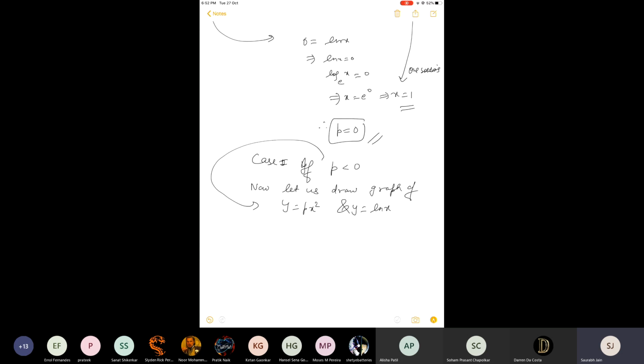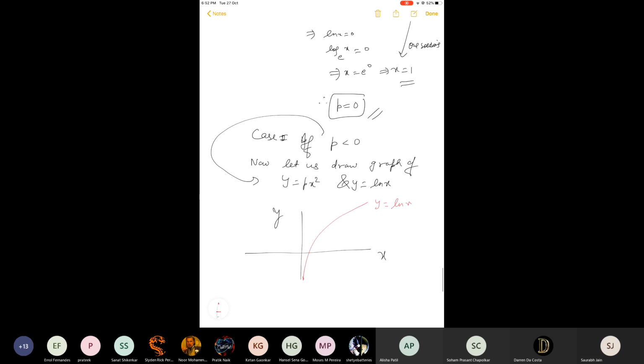So you are going to draw both of them on the same Cartesian plane. Then only you will be able to decide how many roots there are. So y equals ln x. This is your graph of y equals ln x.